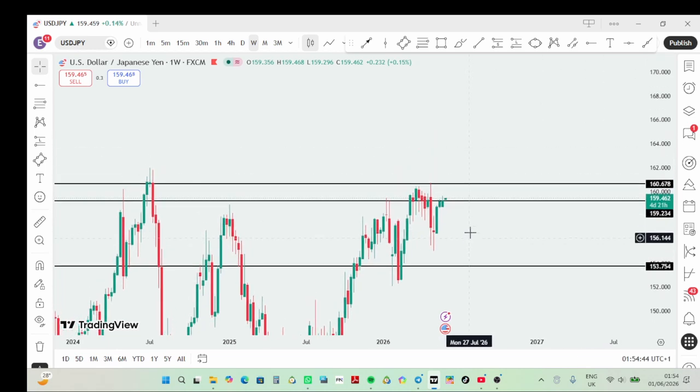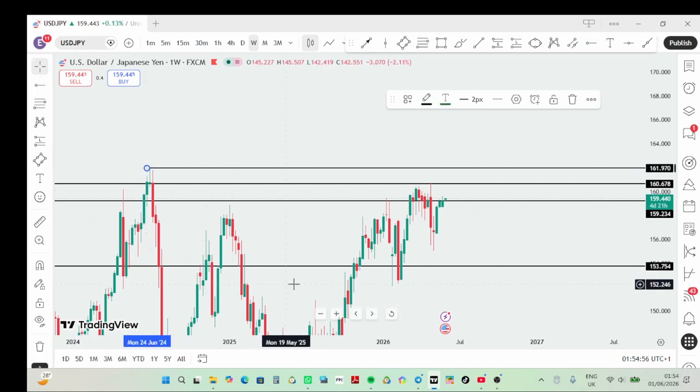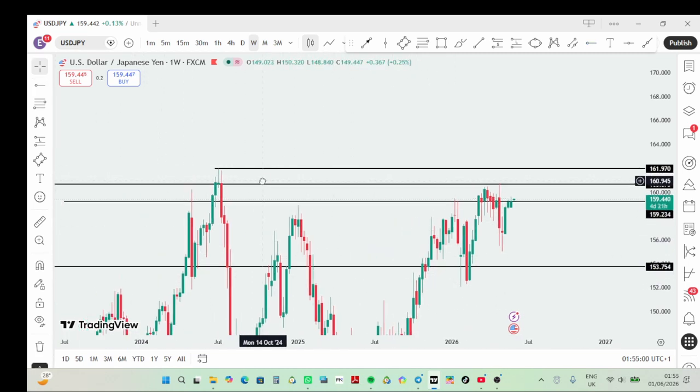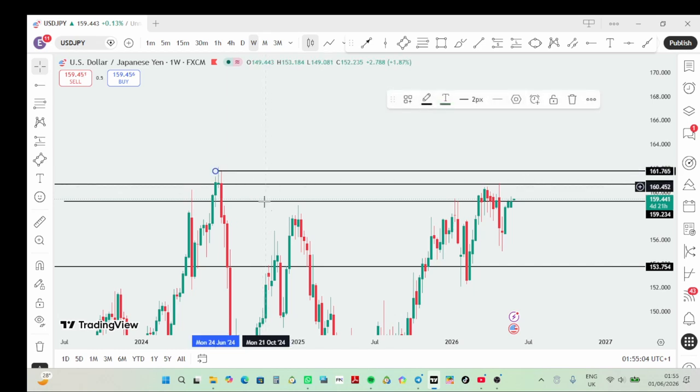You can see it has to come up to 160.678, or it comes to 161.970. But this one, I can't say it will get there, I can't say it will not get there.